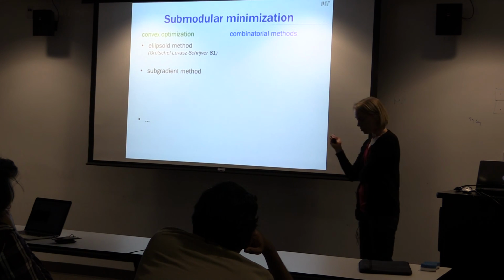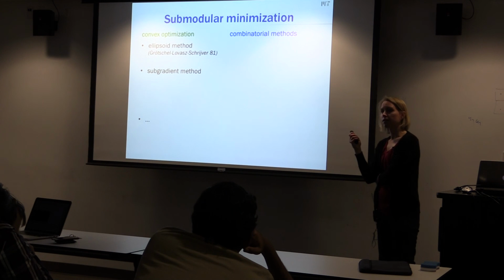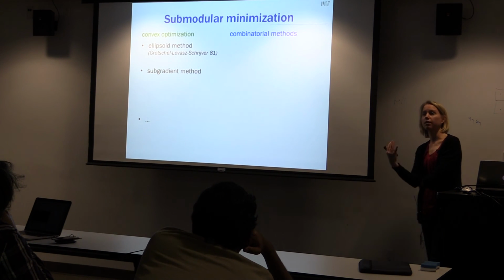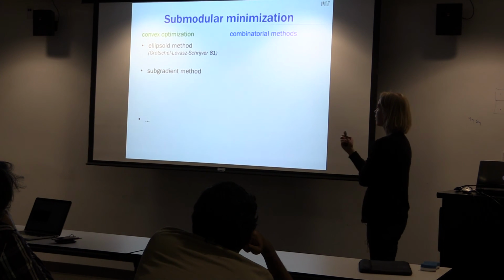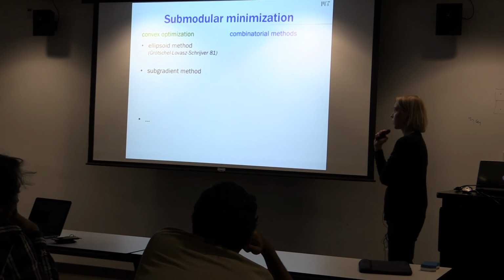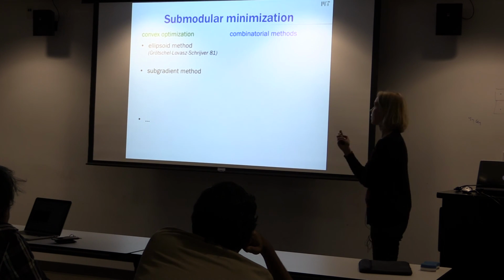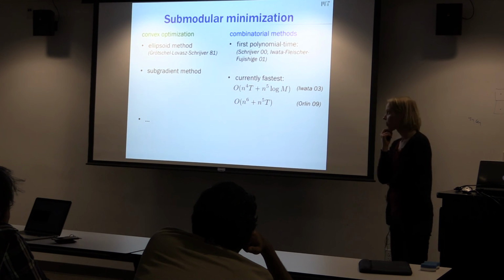After that, there was the question, what about combinatorial methods for solving this problem? There are special cases of submodular minimization, like minimum cut, that have nice combinatorial algorithms. So people worked hard on getting polynomial time combinatorial algorithms, and in fact about 20 years later, they were there.